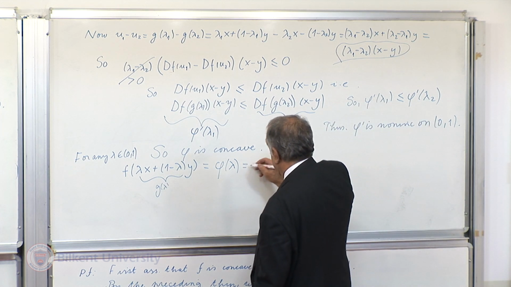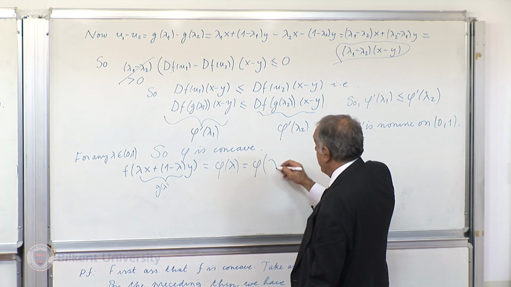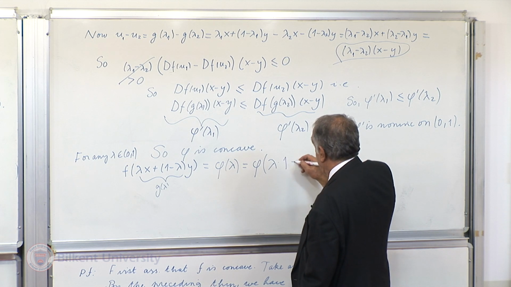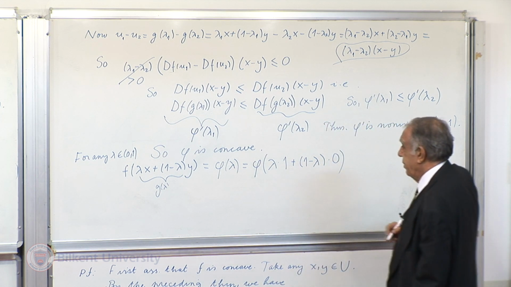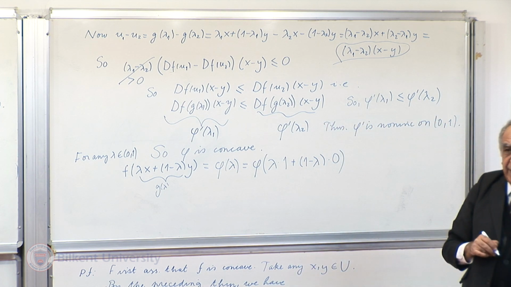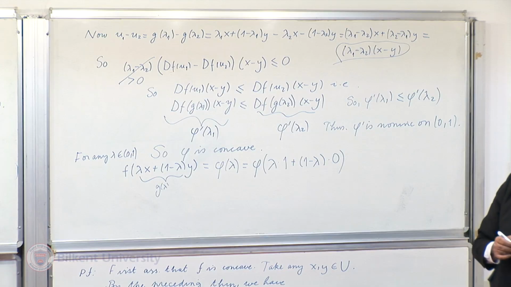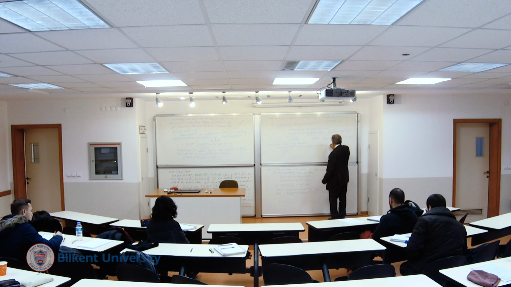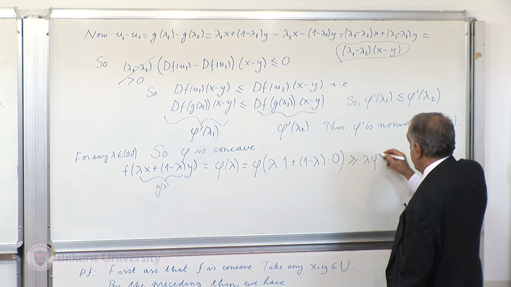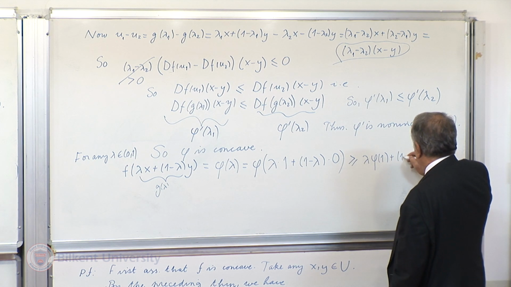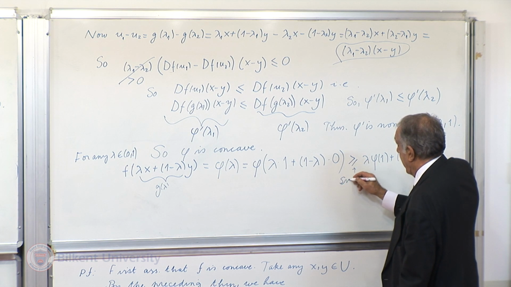So I can write this then, phi of lambda times 1 plus 1 minus lambda times 0. I can write lambda as a convex combination of 1 and 0. But since phi is concave, this will be larger than or equal to lambda times phi of 1 plus 1 minus lambda times phi of 0, since phi is concave.